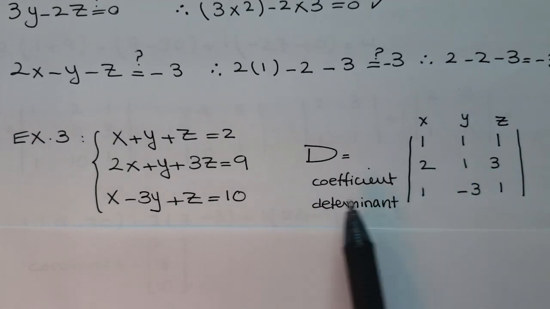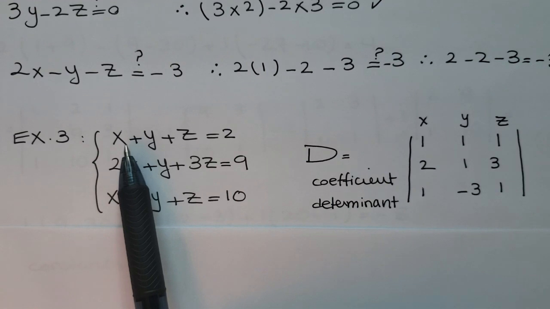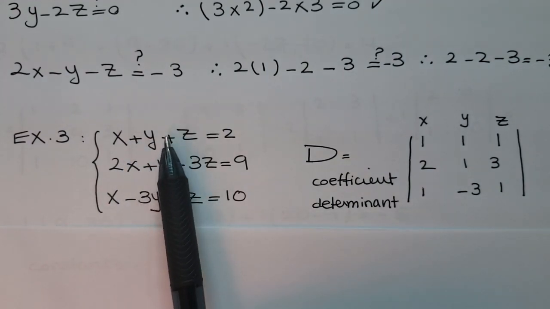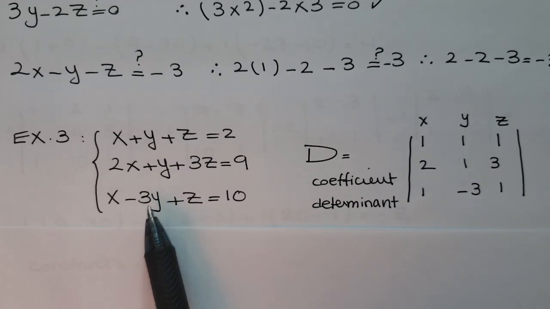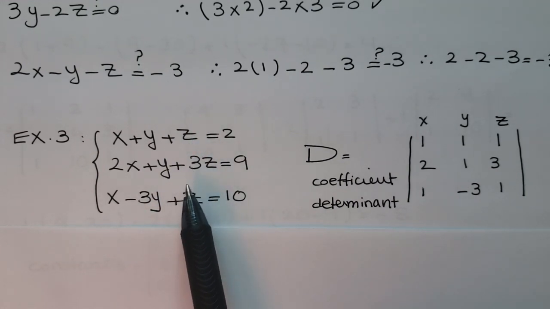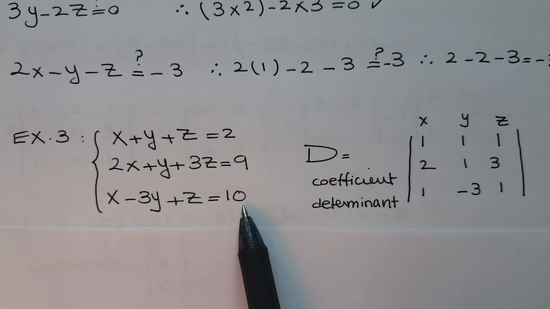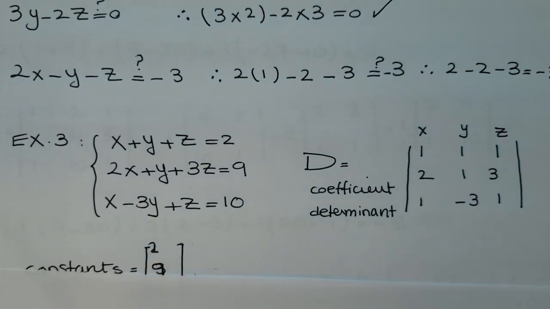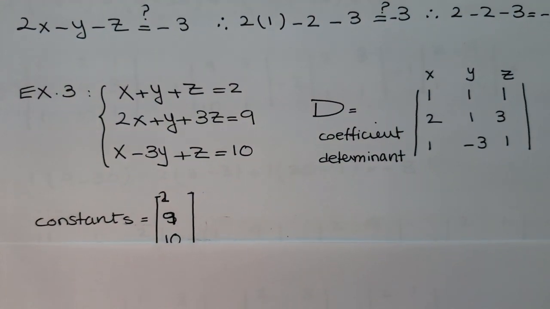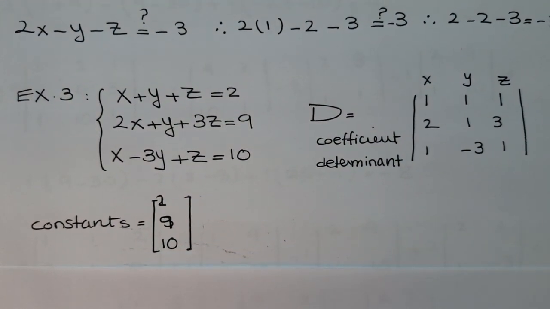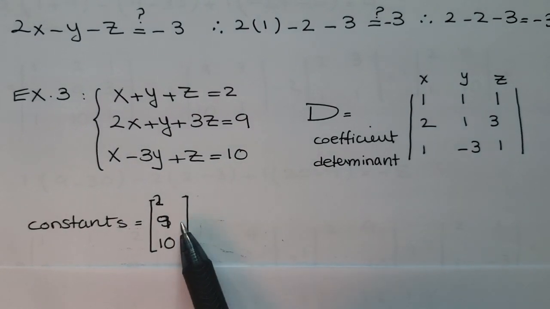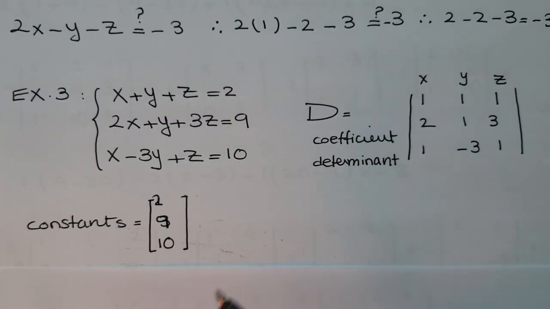So I just put the variables in the coefficient determinant: 1, 2, 1, 1, 1, negative 3, and 1, 3, plus 1. And the constant would be 2, 9, and 10. And I just put the constant in a matrix: 2, 9, 10, 2, 9, 10.